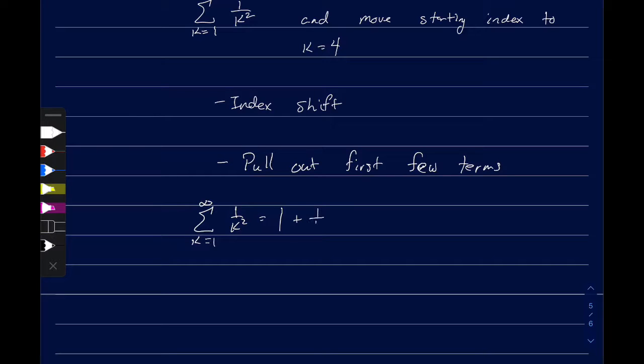For k equals 1, we have 1 over 1 squared, 1 over 2 squared, 1 over 3 squared, 1 over 4 squared, 1 over 5 squared, and so on. Now, if we want to move our index to k equals 4, we would be starting here and moving over.